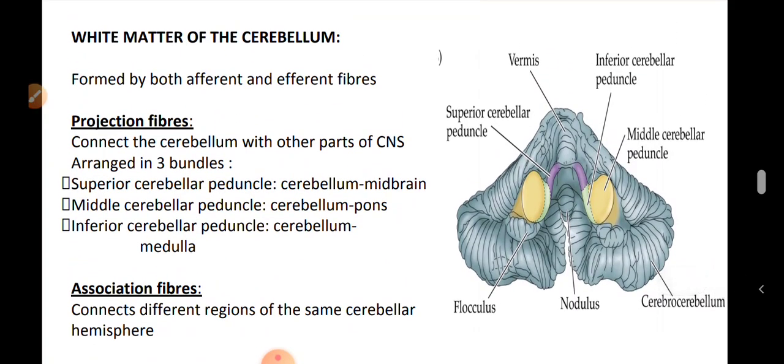Projection fibers connect the cerebellum with other parts of the central nervous system, and they are arranged in three bundles: the superior cerebellar peduncle, which connects the cerebellum to the midbrain, the middle cerebellar peduncle, which connects the cerebellum to the pons, and the inferior cerebellar peduncle, which connects the cerebellum to the medulla.